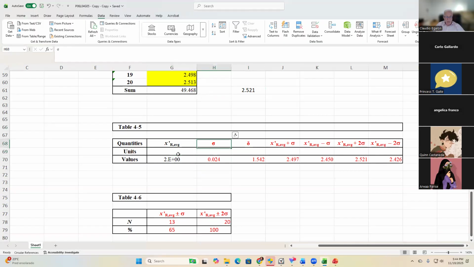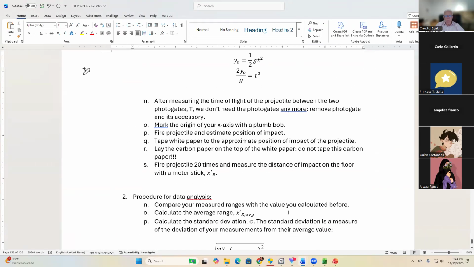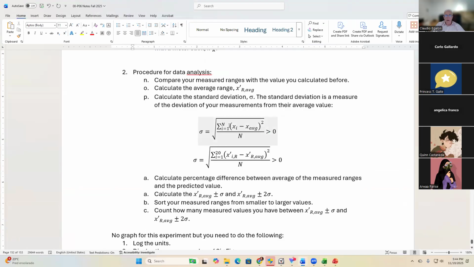And here for sigma, you have to look at the equation and do dimensional analysis. I display the equation for the sigma right in here. Do your dimensional analysis here. This has meter, this has meter too.